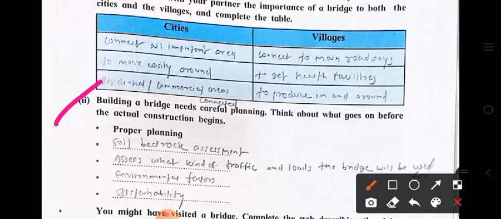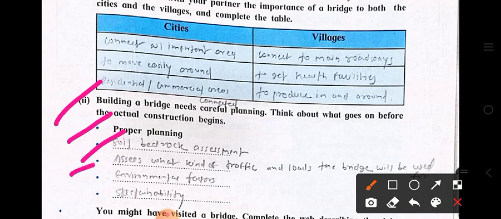Building a bridge needs careful planning. Think about what goes on before the actual construction begins. So the first point you have to consider is the proper planning of constructing the bridge. Second point, soil and bedrock assessment, because the bridge should stand forever. So soil and bedrock assessment is very important.